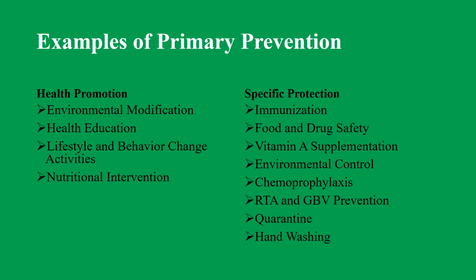It also involves draining stagnant water, building roads, and also putting berms on the roads, putting signages on the roads, land leveling, planting trees within the environment. All those activities are for environmental modification.